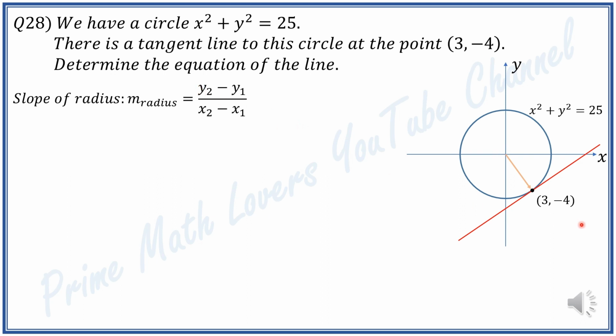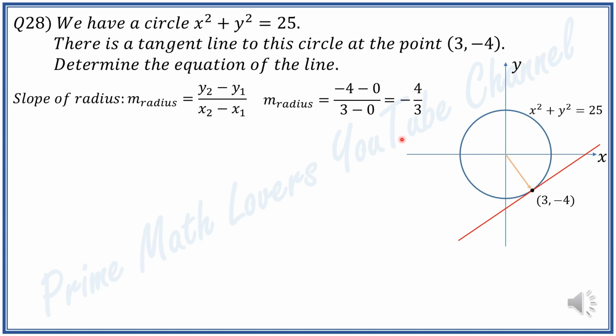So y2 is negative 4, x2 is 3, y1 is 0, and x1 is 0. So the slope of the radius is equal to negative 4 minus 0 over 3 minus 0. And this will be equal to negative 4 over 3.